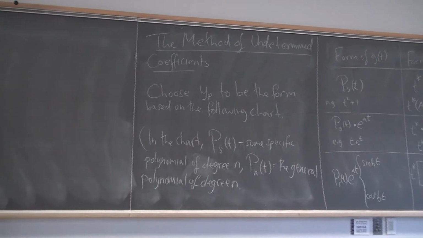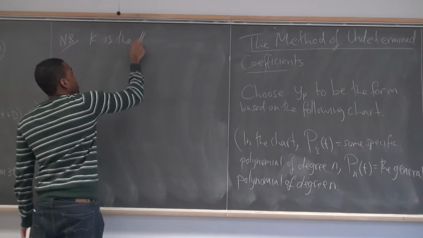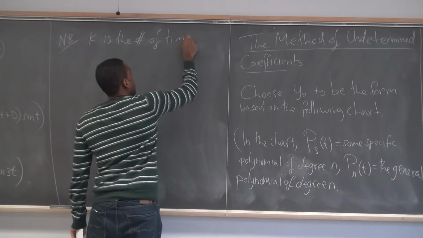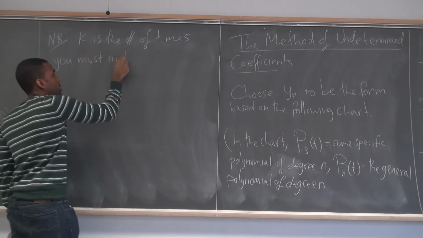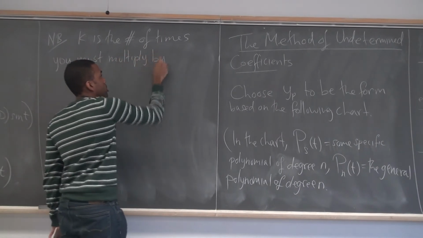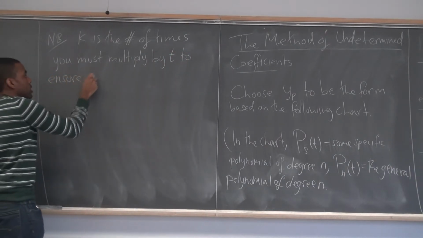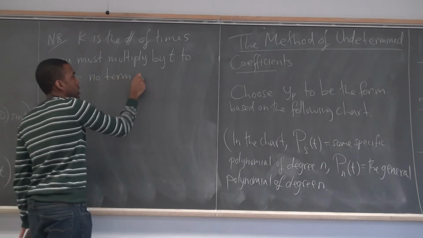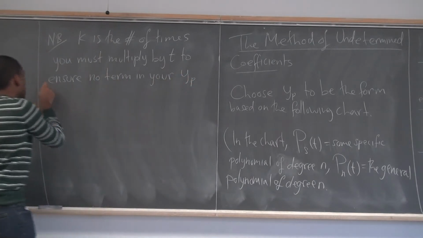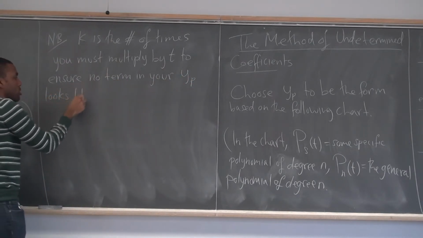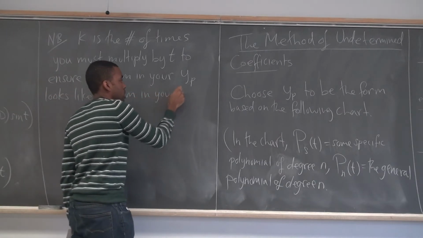Okay, so note k is the number of times you must multiply by t to ensure no term in your yp looks like the term in your yh.